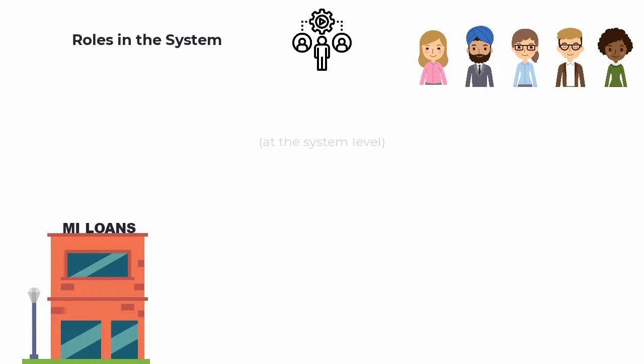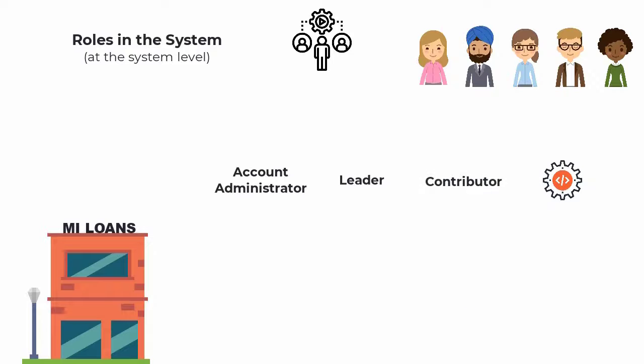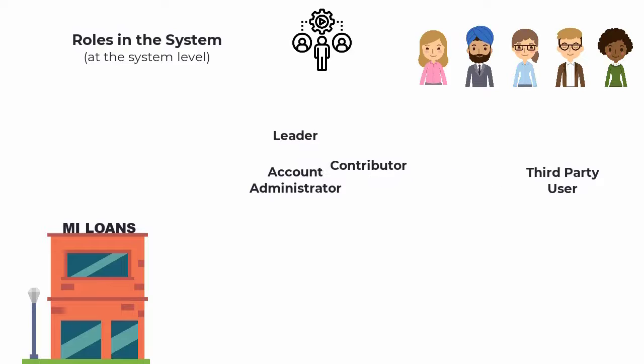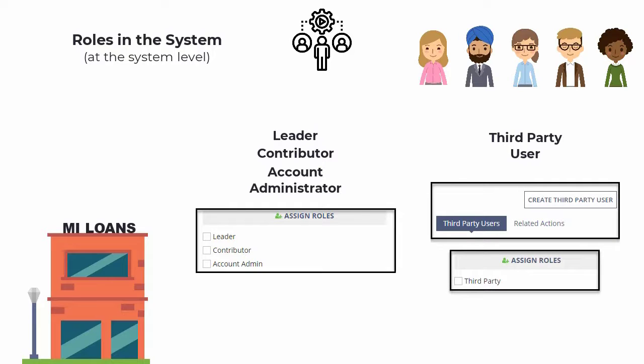In SES, at the system level, there are 4 different roles: the account administrator, the leader, the contributor, and the third-party user. The account administrator, leader, and contributor roles are grouped together, while the third-party user role is on its own page. And that is because you wouldn't assign someone from within your company as a third-party user. A third-party user would be someone outside your company, like a lawyer, for example.